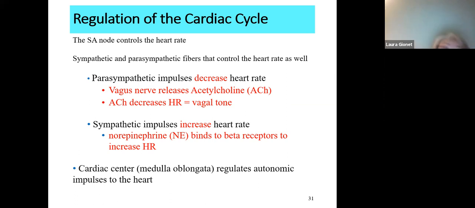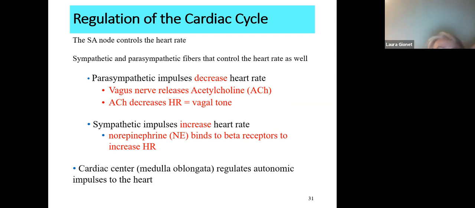However, when we need to speed up the heart, we can do so because that's when the sympathetic nervous system jumps in. So we can override the parasympathetic suppression of heart rate and stimulate the heart rate by stimulating the sympathetic pathway, which increases heart rate. We release norepinephrine that binds to beta-1 receptors to increase heart rate.